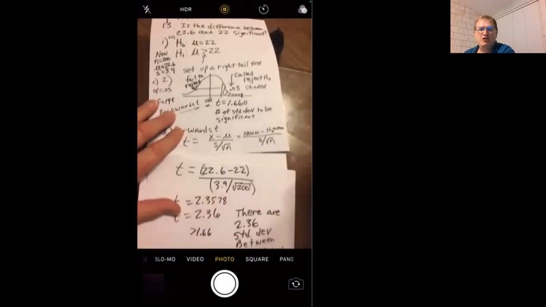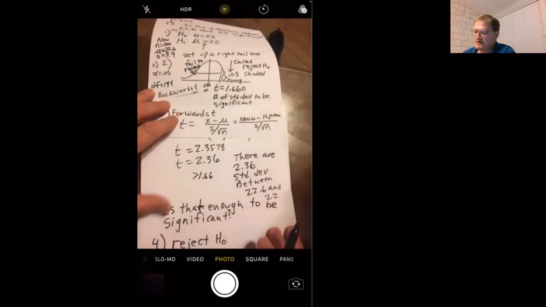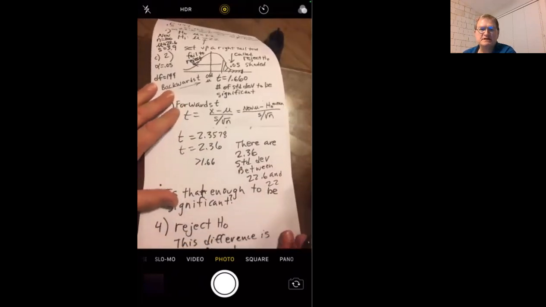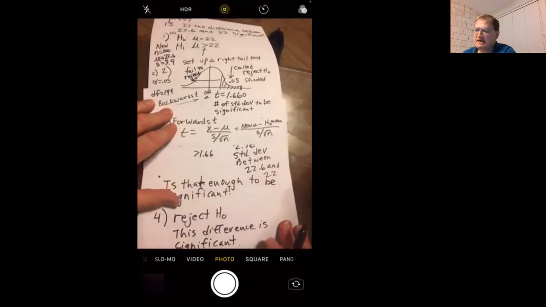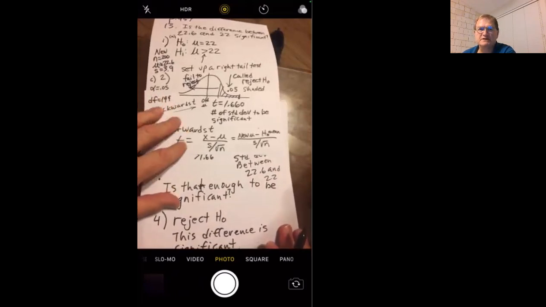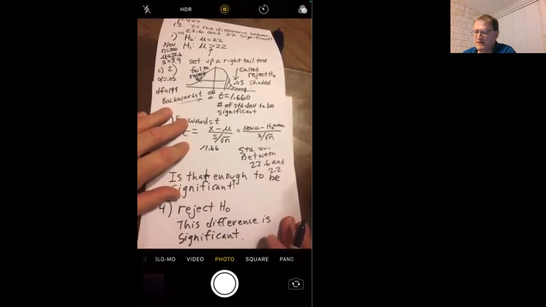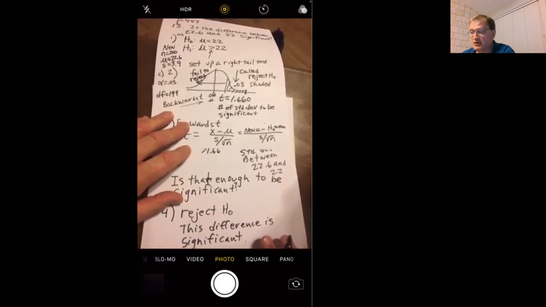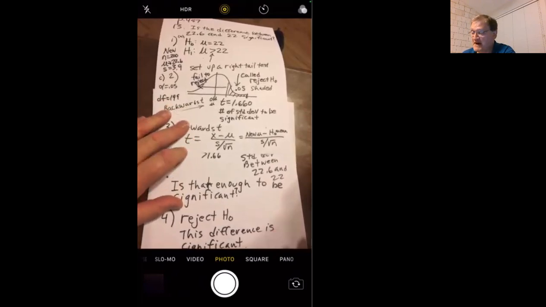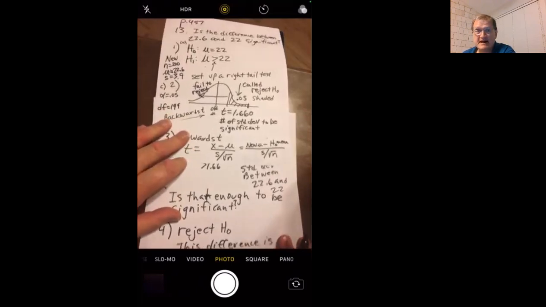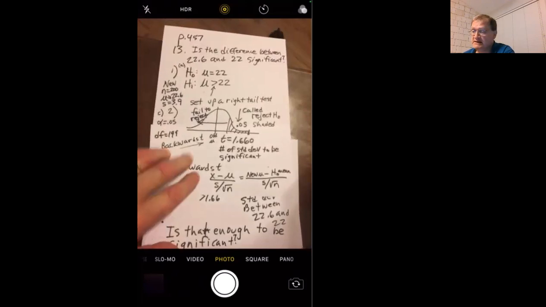And that is a full 4-step test of hypothesis to decide if there is a significant difference between your new survey and your old number, or given fact. You can see the whole thing.